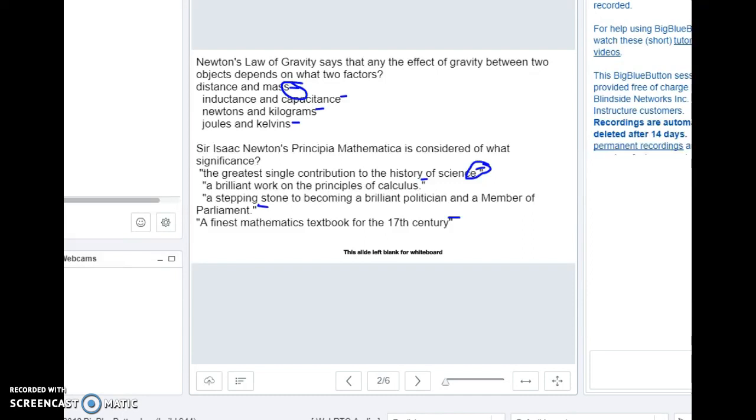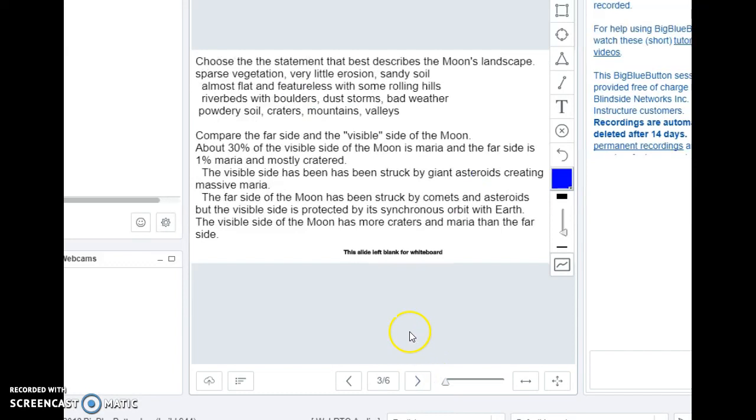So included in his achievements were the discovery by using a prism that white light was actually made up of refracted colors, and the invention of the first practical reflecting telescope, which are now used almost exclusively by astronomers. All right, let's move on to our next question.